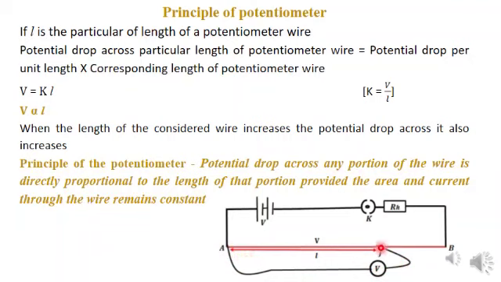When we move the jockey from end A to end B, the length of the potentiometer wire increases. So, the potential drop in that wire also increases. This can be verified by seeing the increasing value of the voltmeter reading.